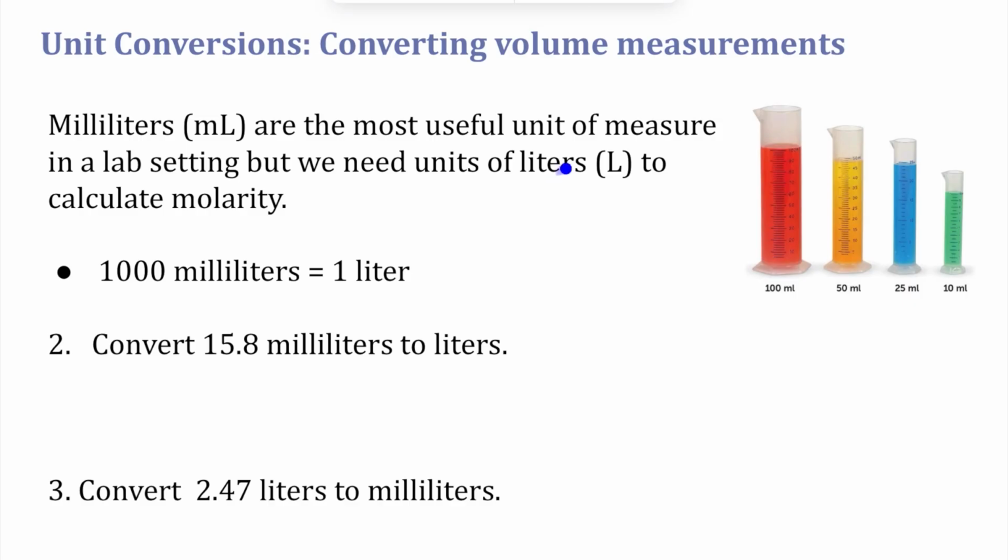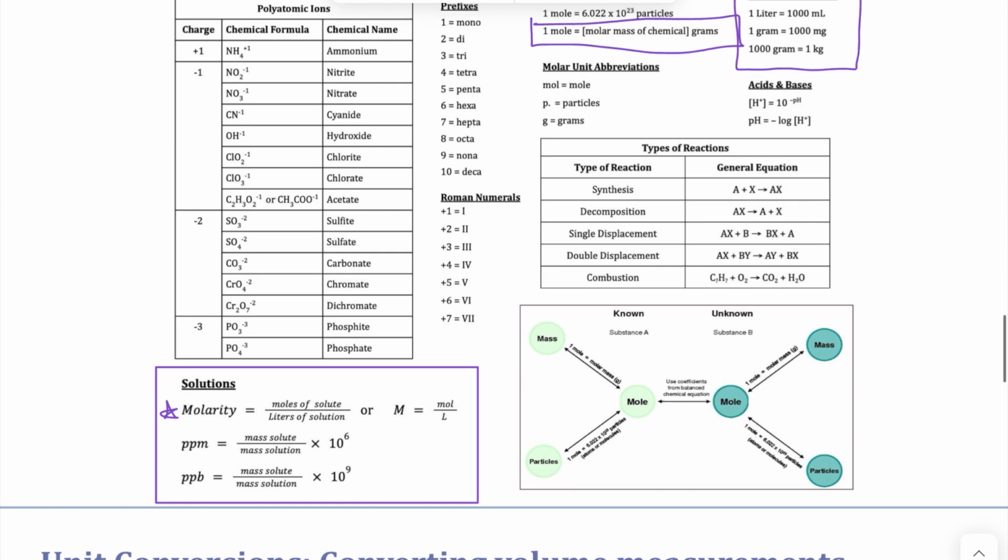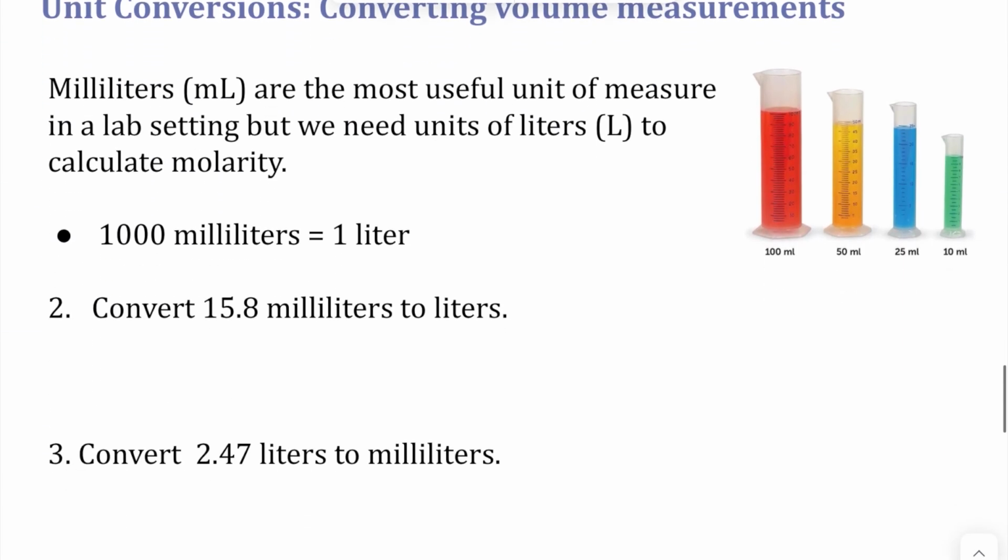But we need those units of liters to calculate molarity. So 1,000 milliliters is 1 liter. I have it flipped up here. 1 liter is 1,000 milliliters at the top. And so if we are in milliliters, we would need to convert to liters. If it asks for milliliters, you might also have to convert between those.